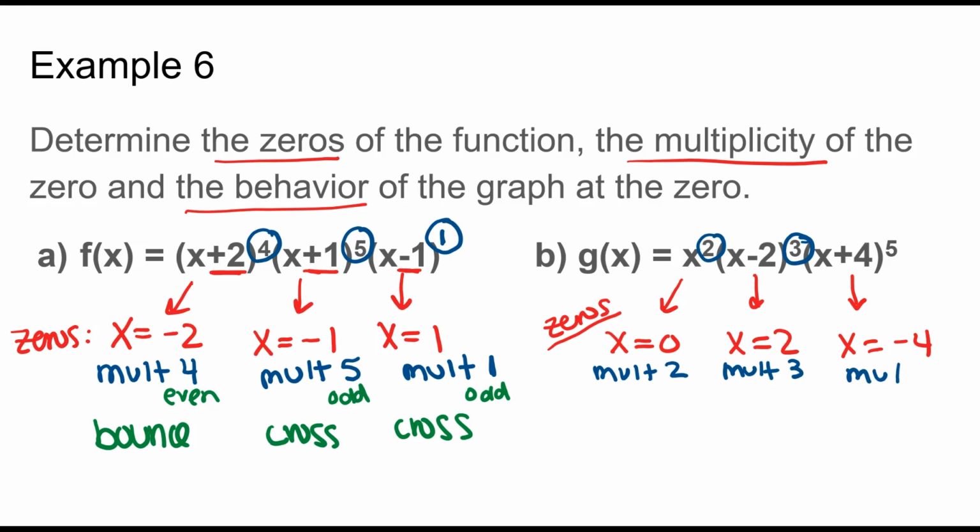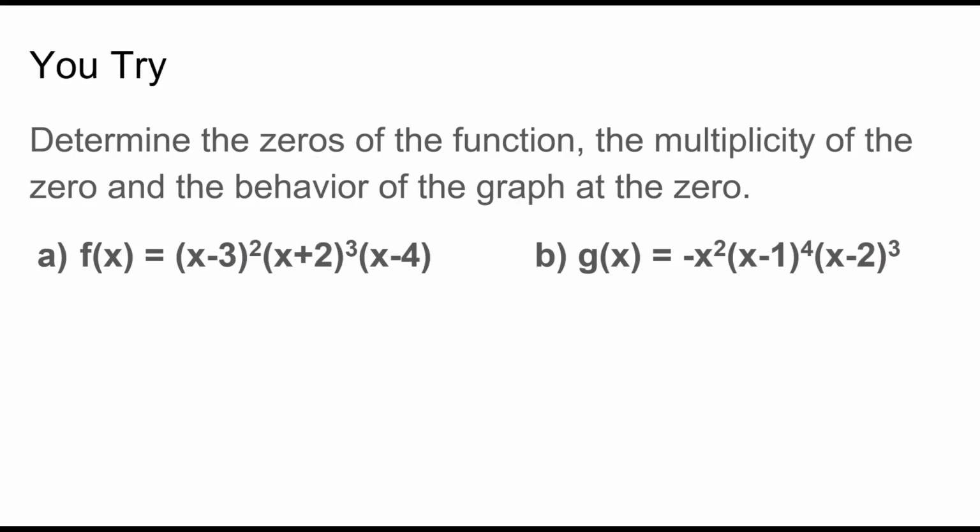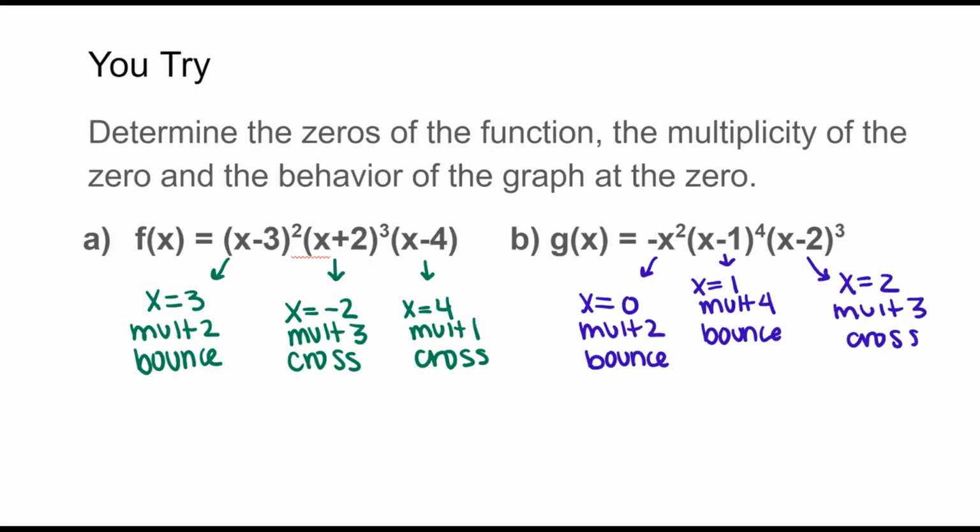And the multiplicity here is 5. So this is an even multiplicity, that's an odd multiplicity and an odd multiplicity, so it's going to bounce, cross, and cross. All right, you're going to try this example here and see how you did.